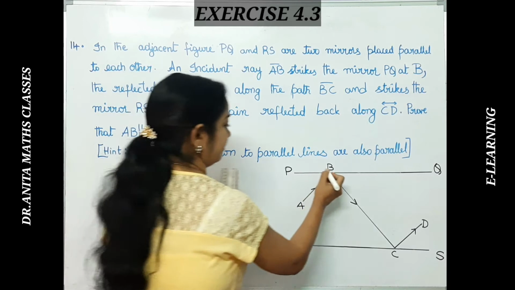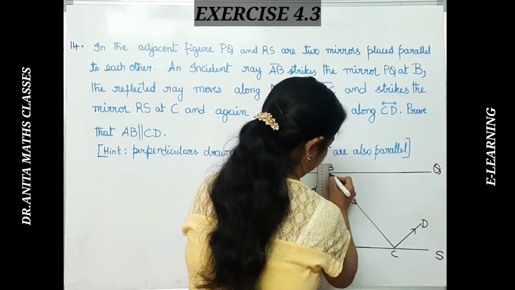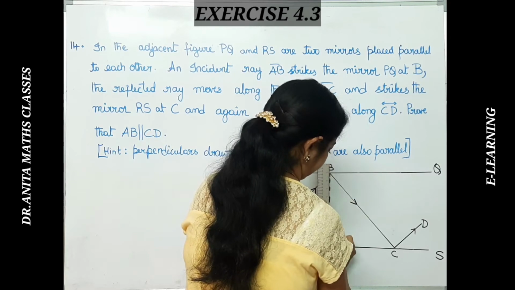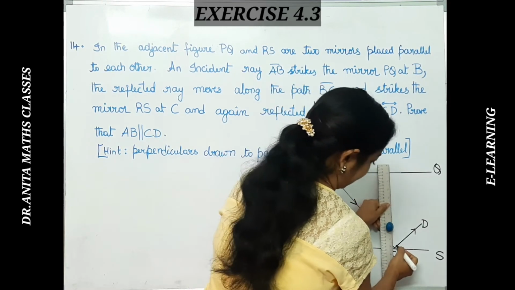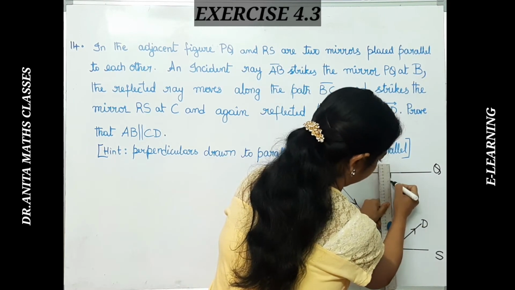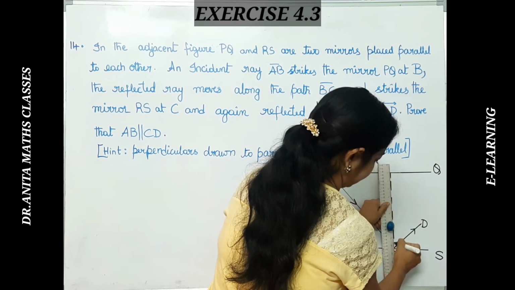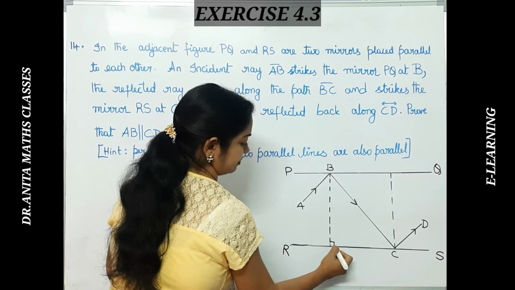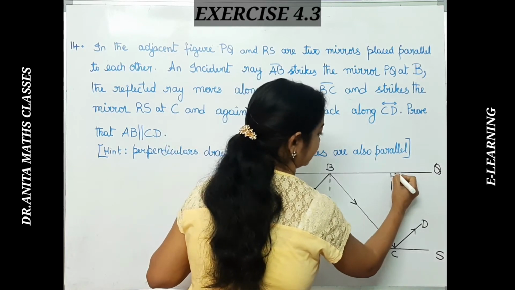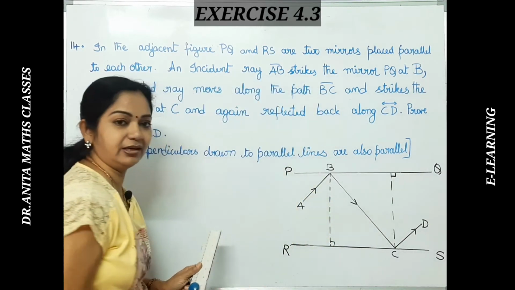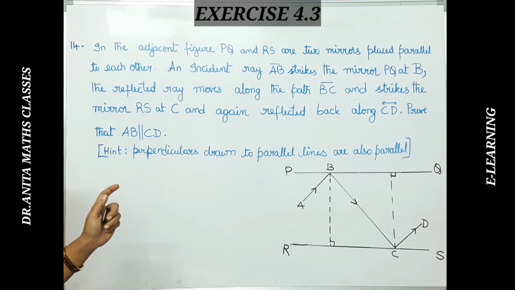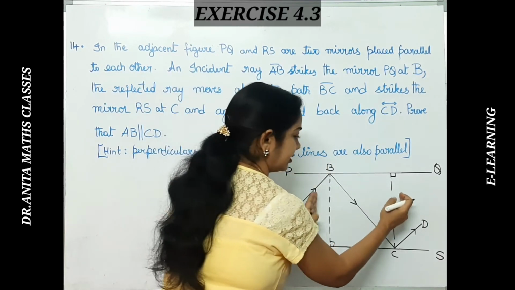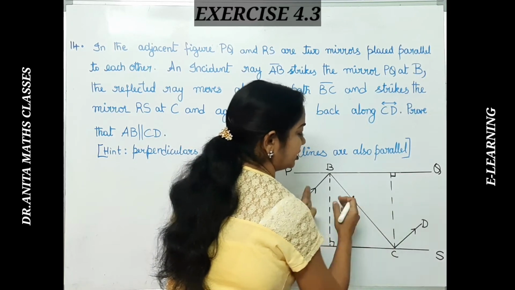At the point B, let me draw one perpendicular. Let me drop a perpendicular here. And at the point C also, if you draw a perpendicular here. So this is a perpendicular, this is a perpendicular. The hint is that if two perpendiculars are drawn between the parallel lines, these perpendiculars will also be parallel to each other.